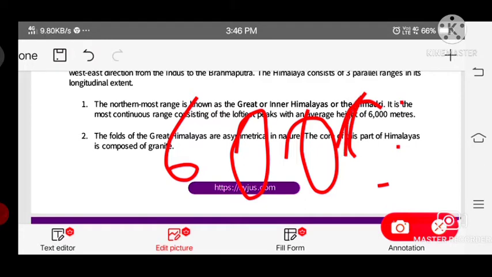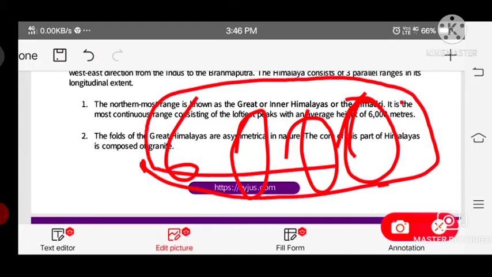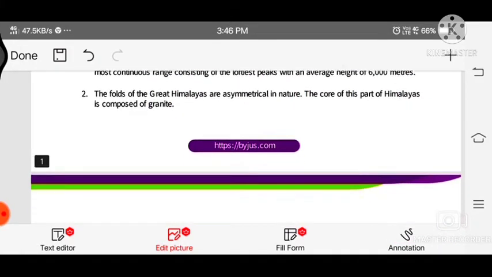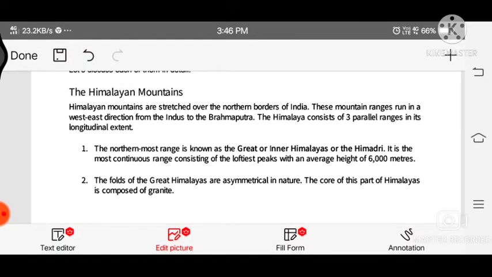This is the average height of all the peaks, not the exact height: 6,000 meters. And second, the folds of the Greater Himalaya are asymmetrical in nature.